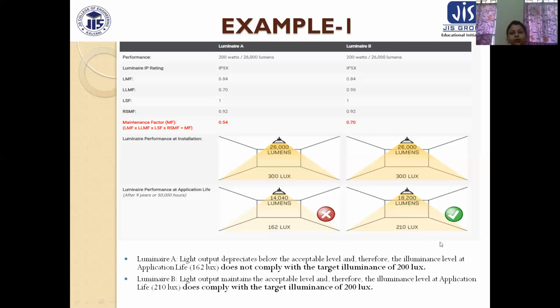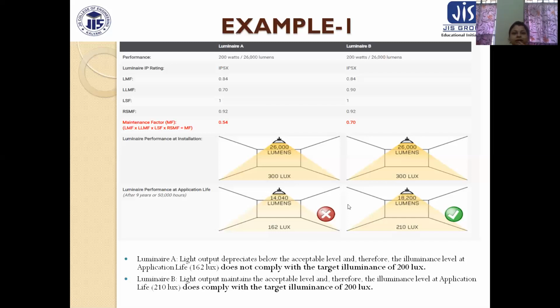So what is the impression? For luminaire A, the light output depreciates below the acceptable level, and therefore the illuminance level at application life, 162 lux, does not comply with the target illuminance of 200 lux, right?